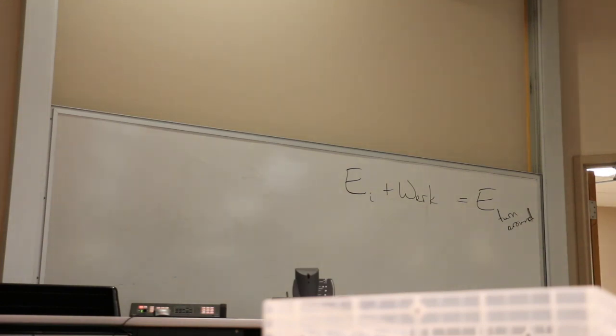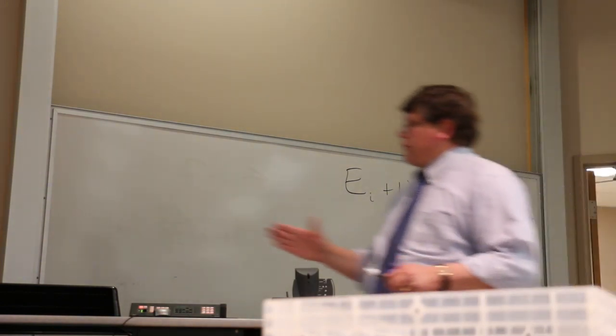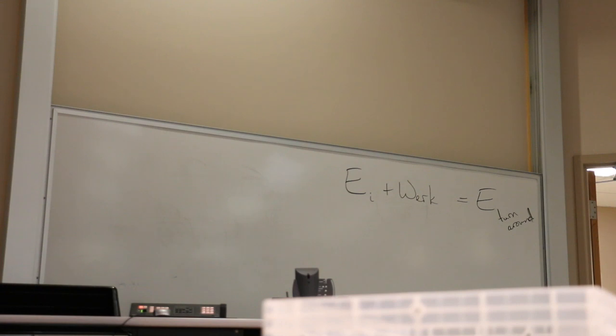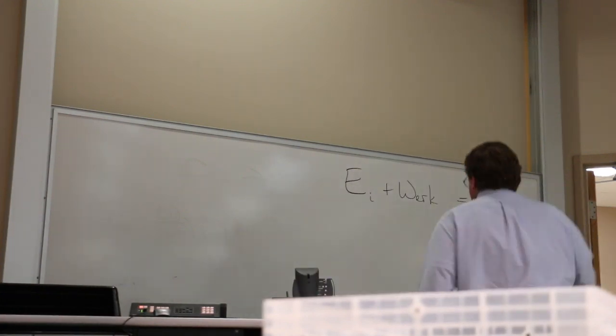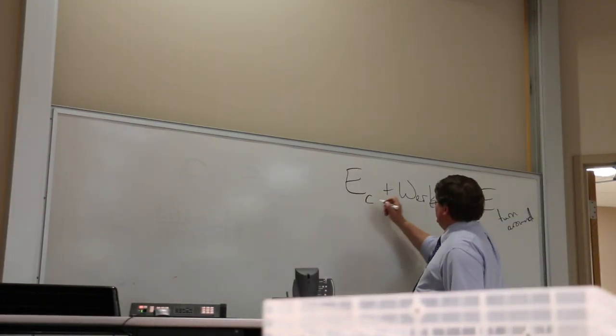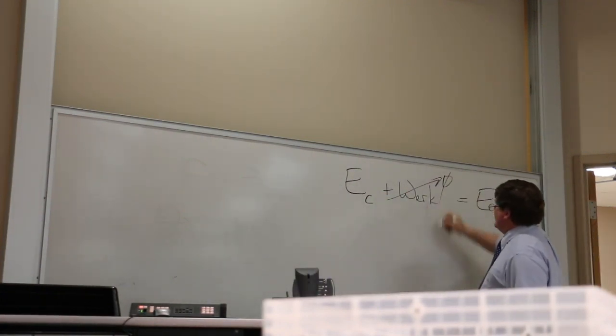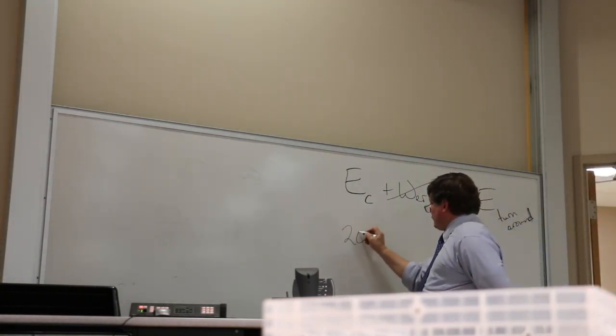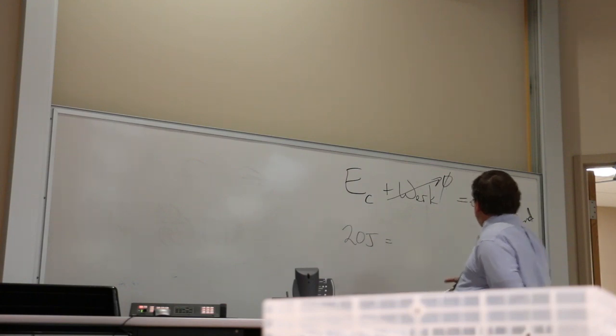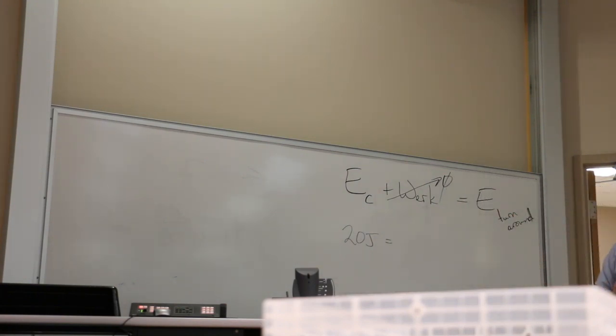Because I know that there's no work done between C and the turnaround, it would be simplest just to take my initial to be C and say there's no work between C and the turnaround. That means at C I've got 20 joules, and that at the turnaround, all of the energy's in the spring energy, because the block has to stop to turn around.